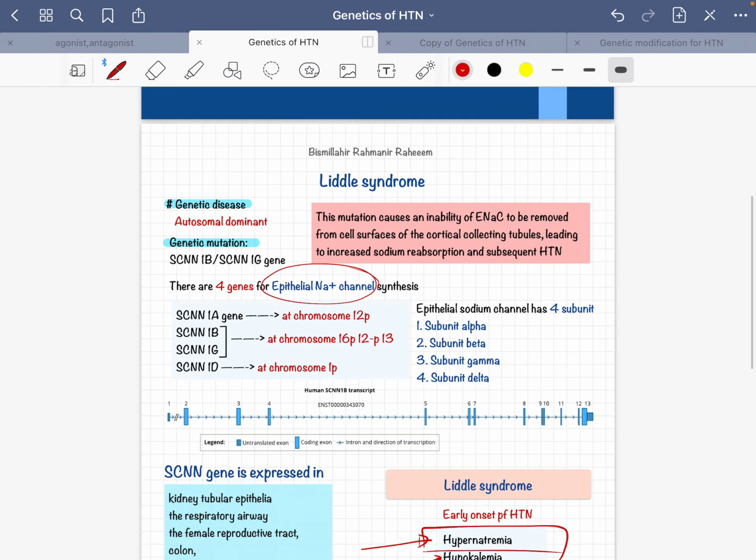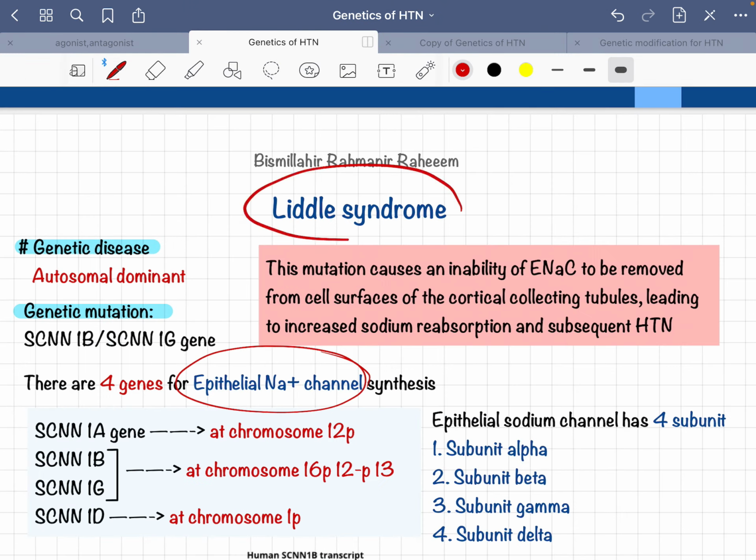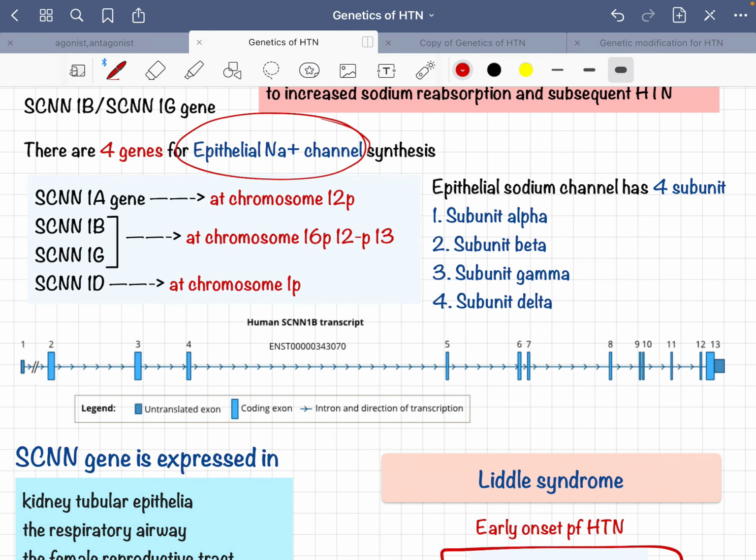The main cause of hypertension in Liddle syndrome is increased absorption of sodium ion from the collecting tubules, which leads to an increase in intravascular fluid volume, and that will lead to increased preload and afterload, and ultimately the development of hypertension.